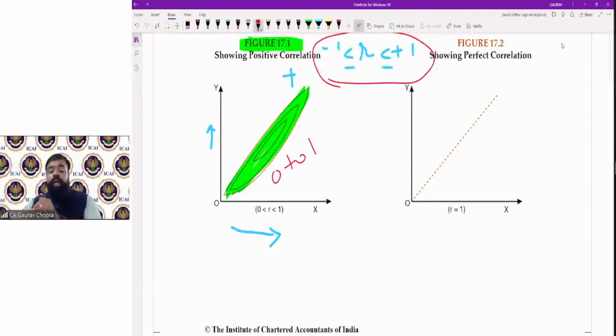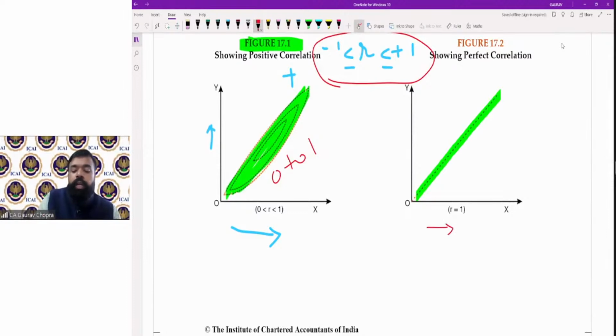Now, second example, if you see, in case of second example, there is a straight line moving upwards. It shows that जितना change x में हो रहा है, बिल्कुल exactly same change होता है y में. If x is rising 10%, y is also getting increased by 10%.